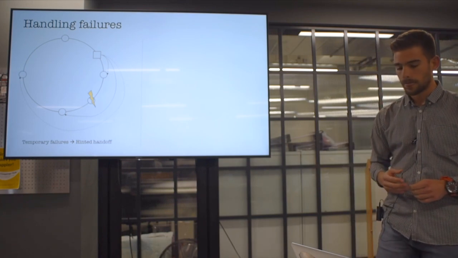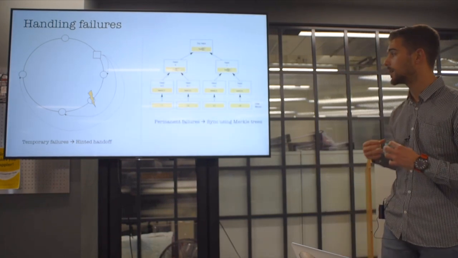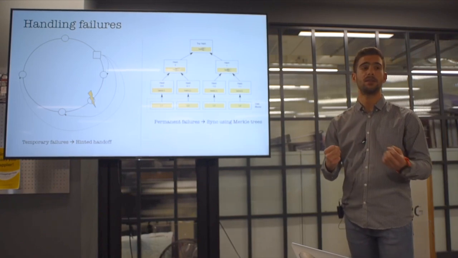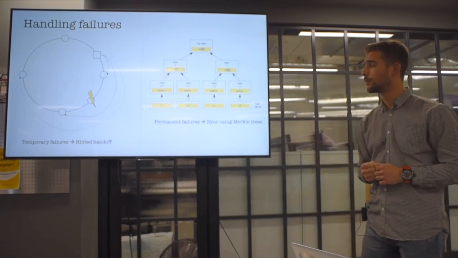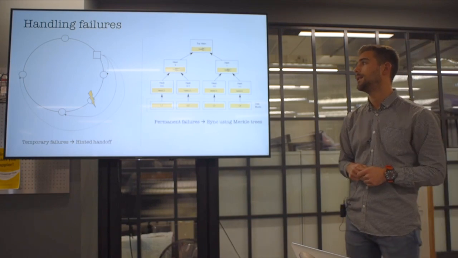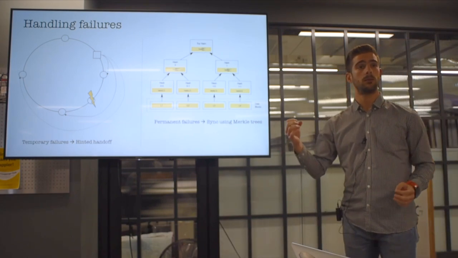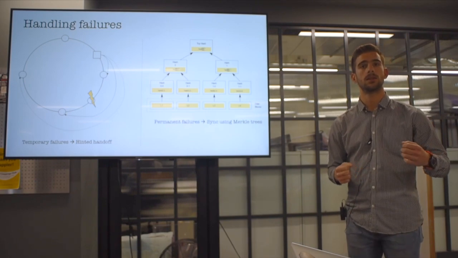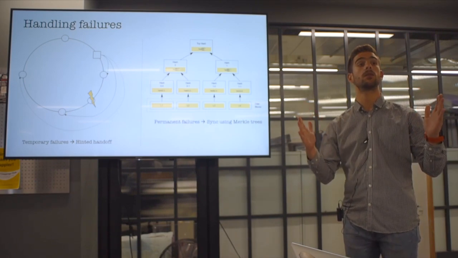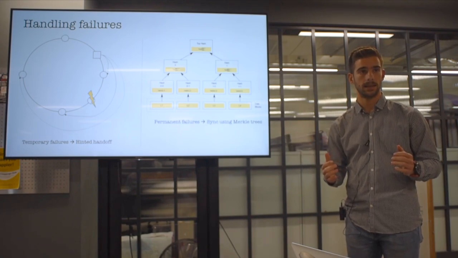So for that reason, they also had to deal with permanent failures. What they did for that is they synchronized nodes between them. Periodically, every node had a range of keys in its data set.